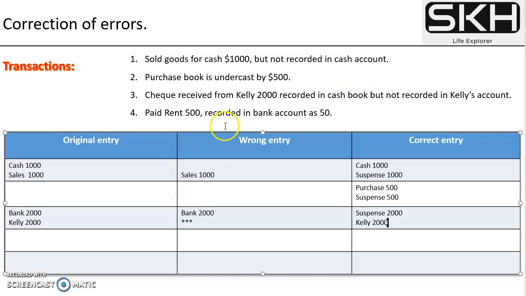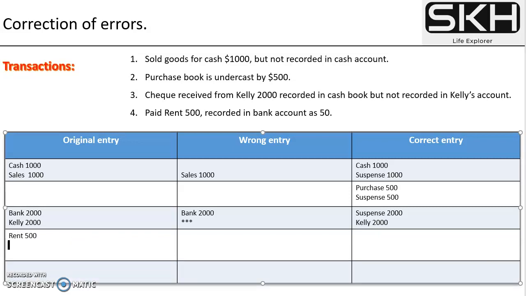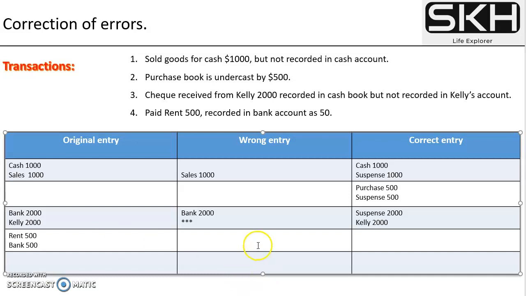Paid rent 500, recorded in the bank as 50. The correct entry should be rent account debit by 500 and bank account credit by 500. But what we did was record rent correctly, but bank we recorded as 50. It means our bank account is understated by 450.